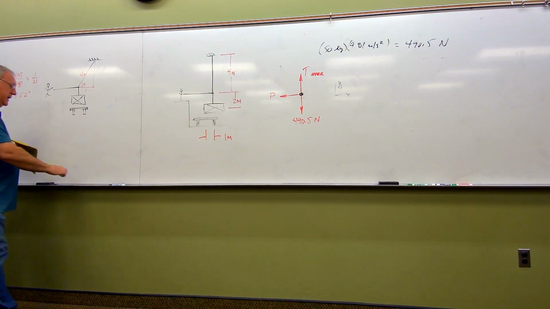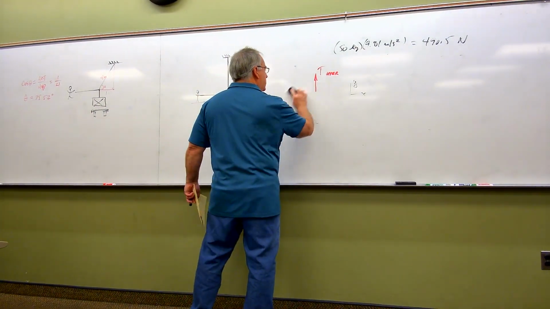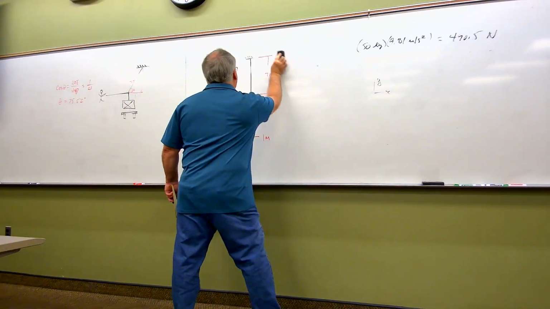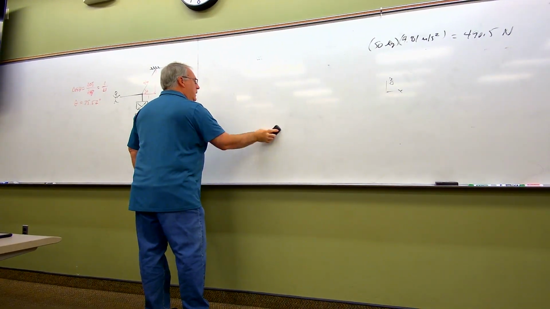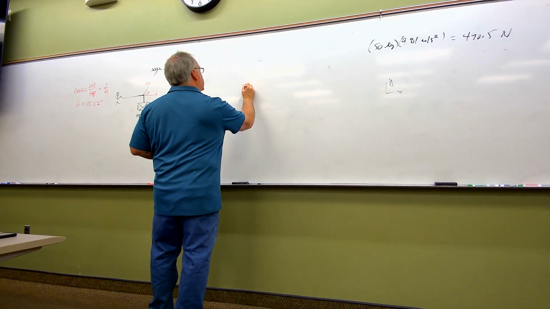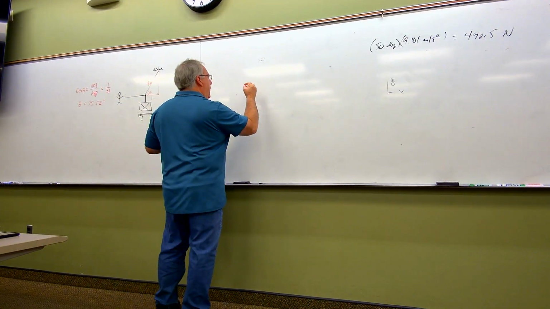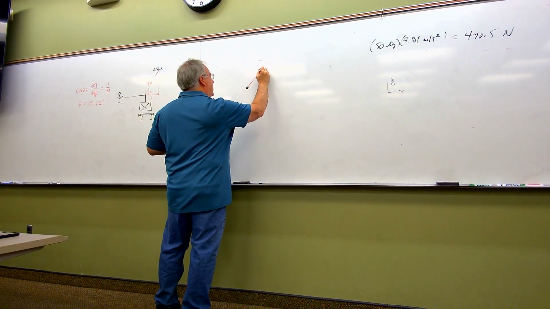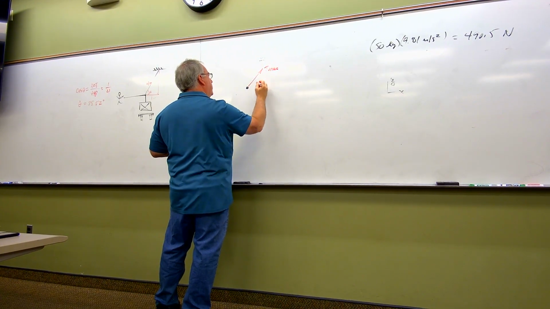Now, folks, with that said, let's go back to our strategy. We're still going to make a free body diagram of the knot. There's no reason to change that. We just want to make that free body diagram representative of what's really going on here. So now if I do that free body of the knot, I have my tension in my upper cable going off like this. So here's my T upper, as we had before.